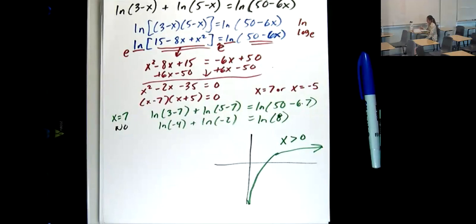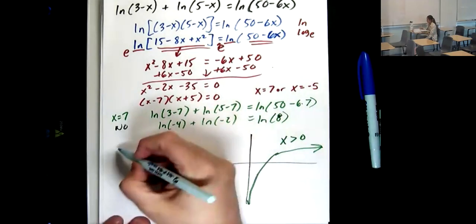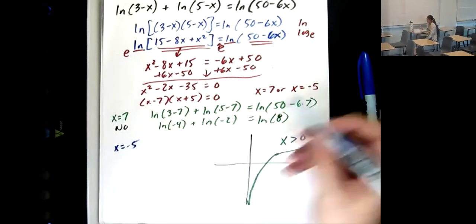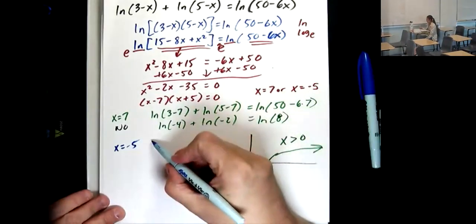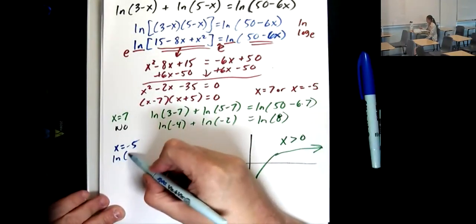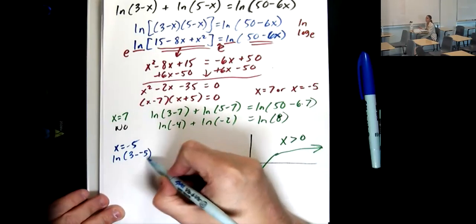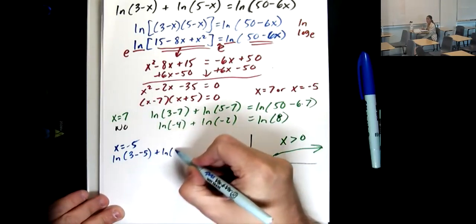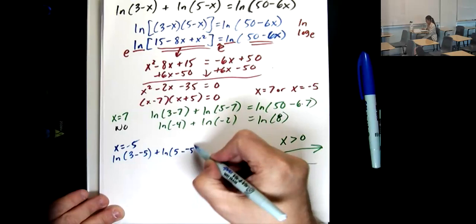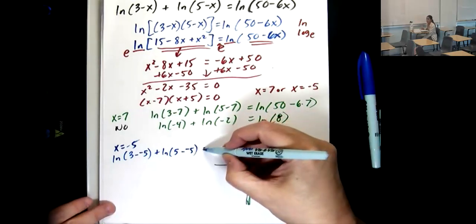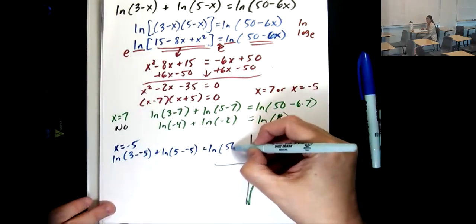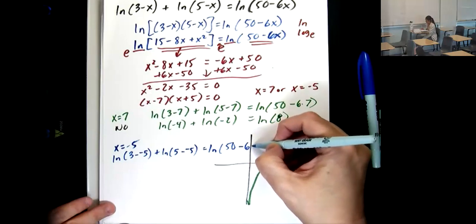Now we can try x equals negative 5. I've got ln of 3 minus negative 5 plus ln of 5 minus negative 5. Does that equal ln of 50 minus 6 times negative 5?